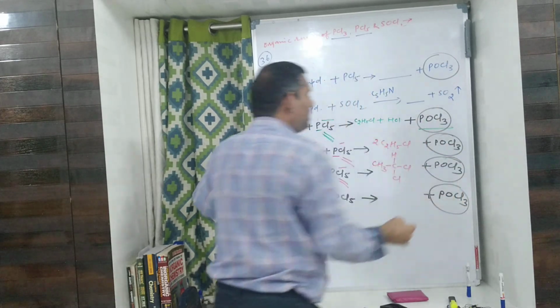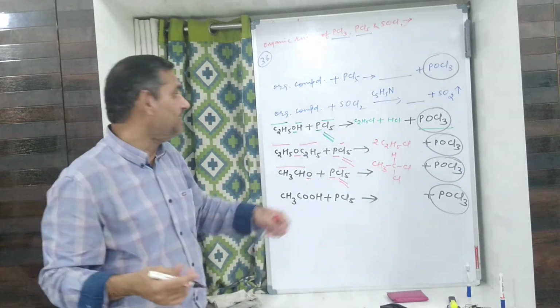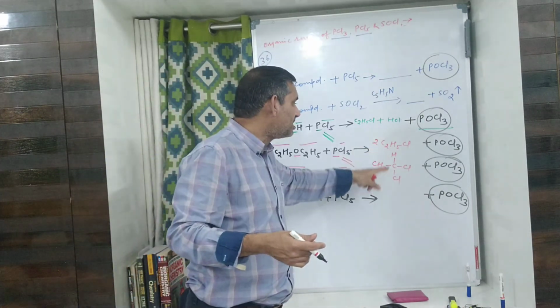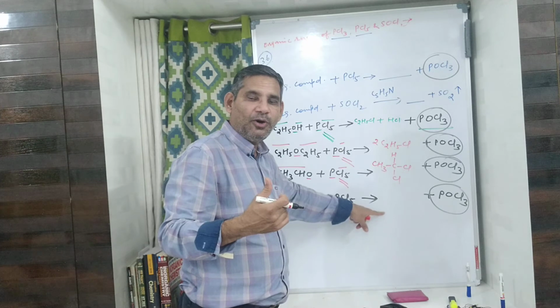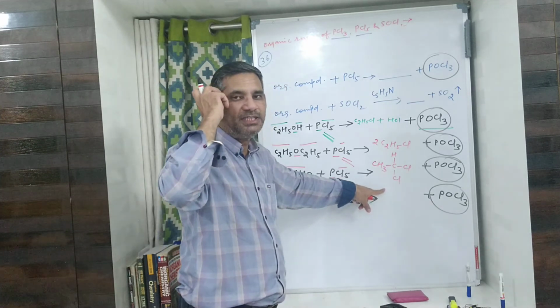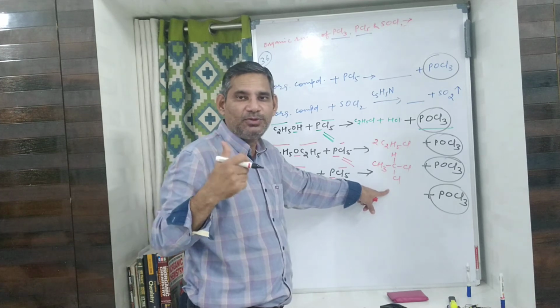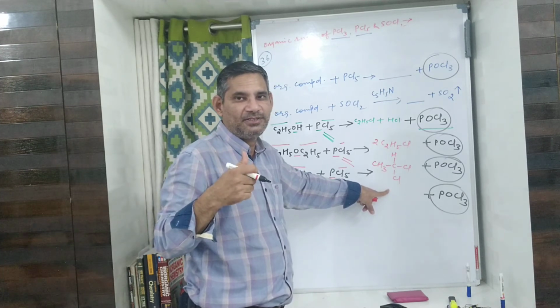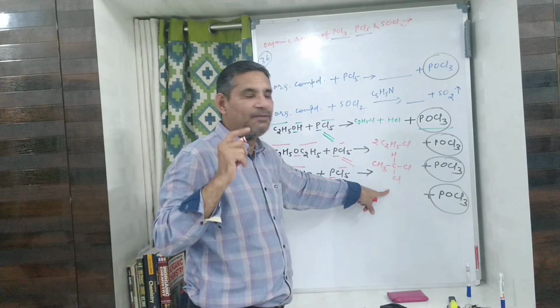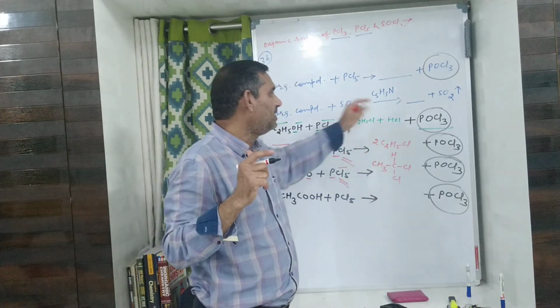So remembering this is much easier than remembering all these different compounds. All those different compounds I can manage with the help of valency and balancing, so it won't be an issue for me to manage. And 99.99% they will be asking questions from here only.